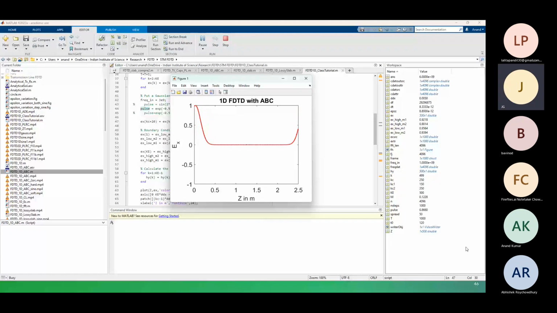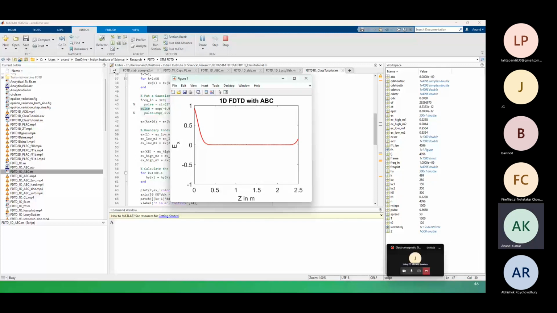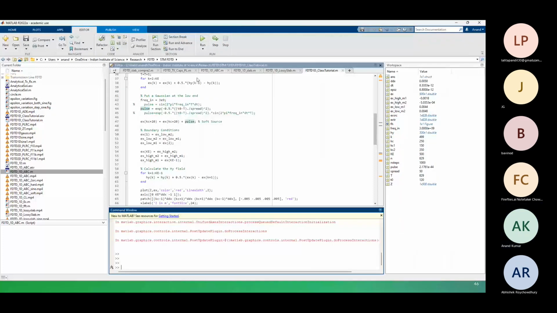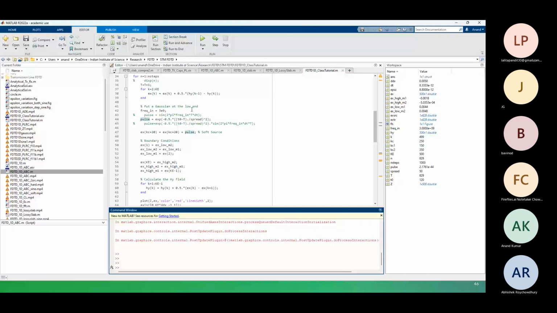Yeah, I can see the screen. Okay, the simulation already passed, so I'll perform the simulation again. You can see line 47, right? This is what you have done, for Kc plus 20.